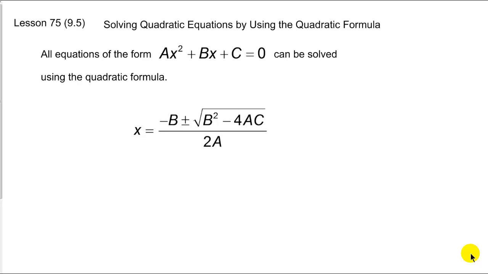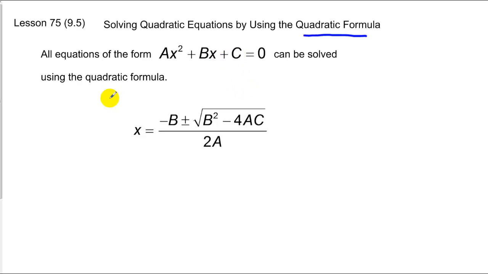So there's one more way in which we can solve a quadratic, and that's using something called the quadratic formula. And this, much like completing the square, will solve any quadratic, no matter what, whether it factors or not. And we remember, once again, quadratics come in the form of ax squared plus bx plus c is equal to 0.